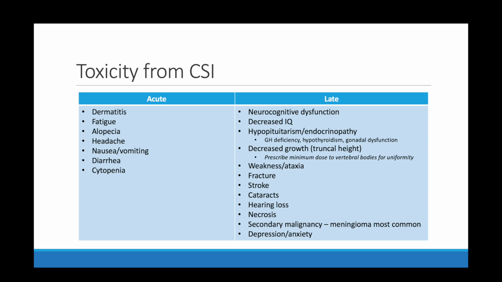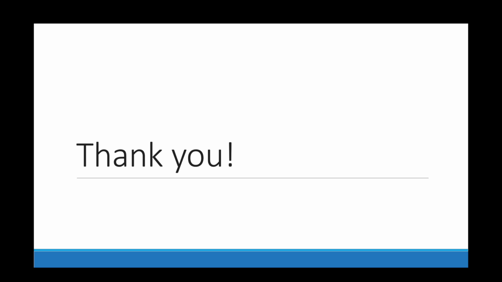So again, these are not at all insignificant. These are very life-altering, very difficult for parents to hear, the side effect profile from CSI. So it's very important to be familiar with these and keep in mind what to expect when we're counseling patients and families.